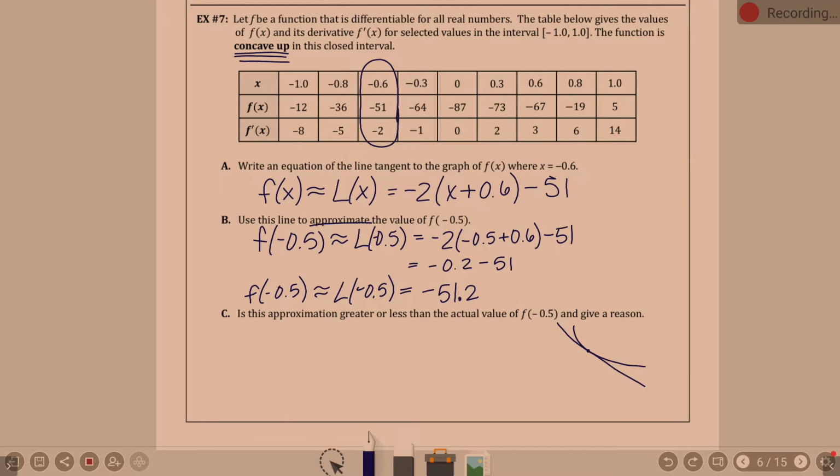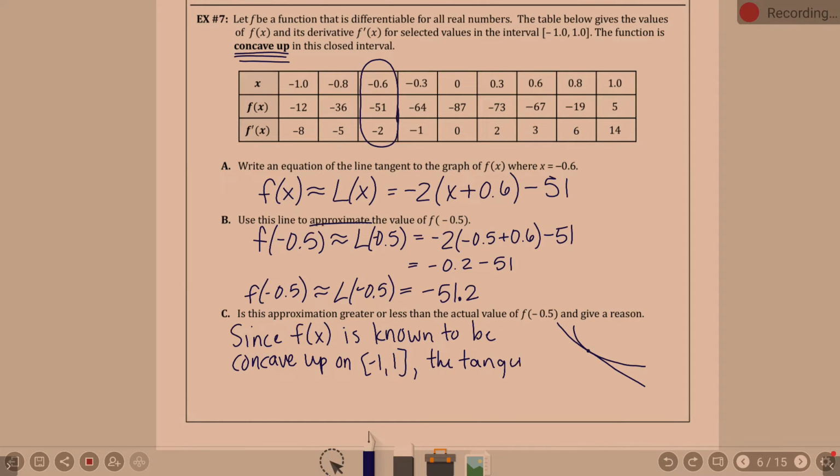Okay, so I'm going to write a few words here. Since f(x) is known to be concave up on the interval negative 1 to 1, the tangent line lies below the curve, so the approximation is less than the actual value.